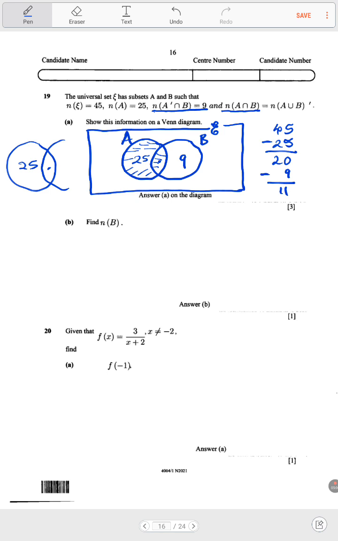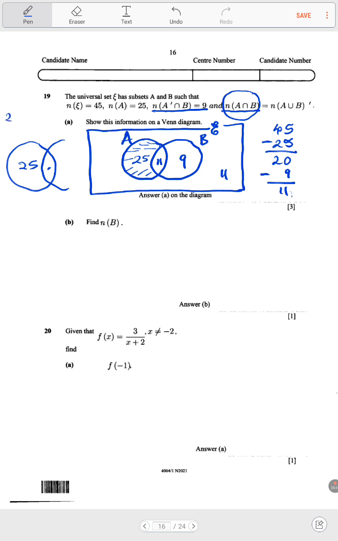So everything inside these two sets, which is set A and B, is equal to 11, right? And they said the intersection, number of elements inside the intersection of A and B is also equal to 11. So I'm going to erase this and write 11. So this 11 is also part of the 25.